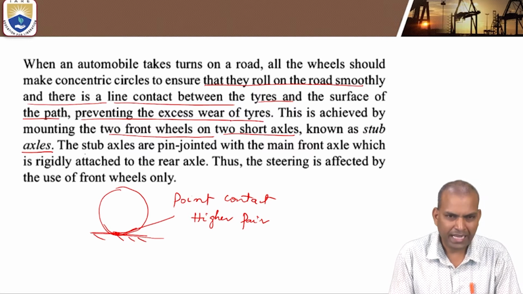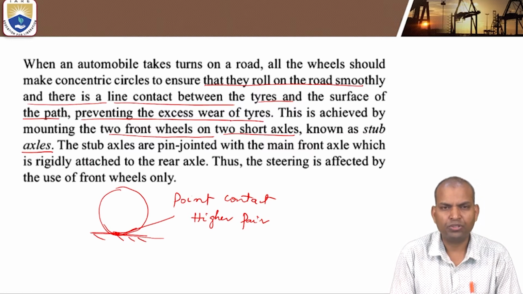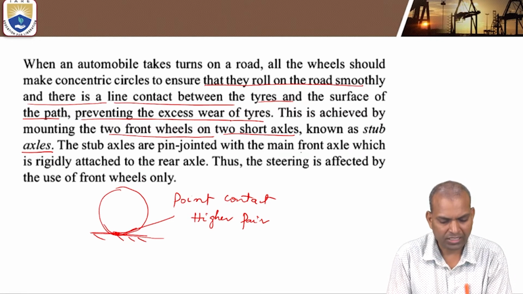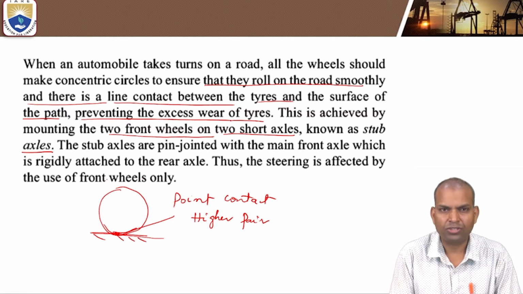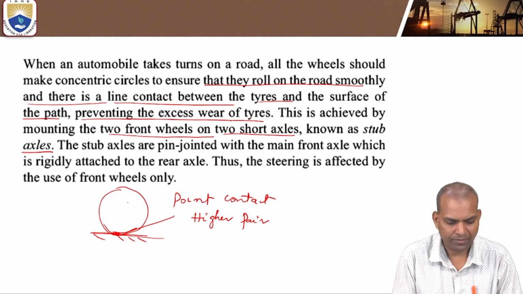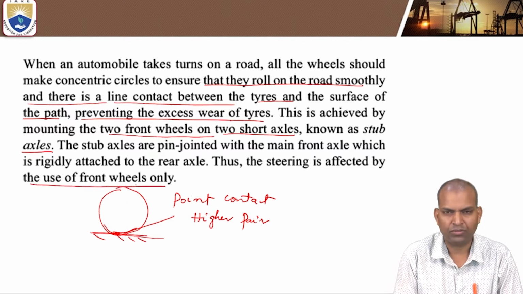The stub axles are pin jointed with the main front axle, which is rigidly attached to the rear axle. In that manner, the steering is affected by the use of the front wheels only.